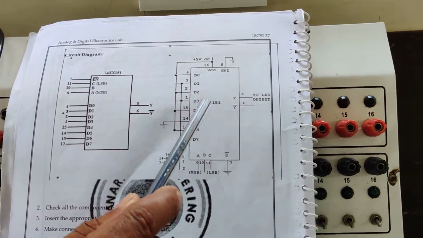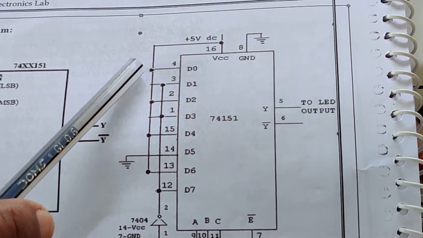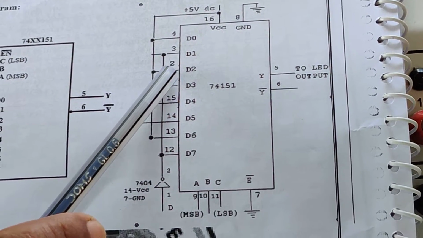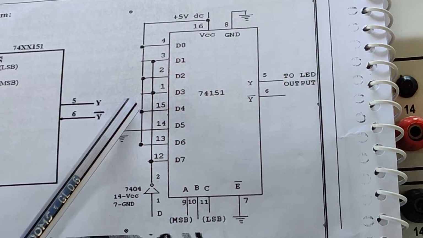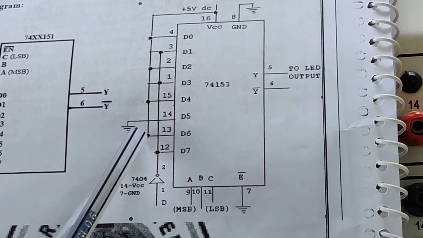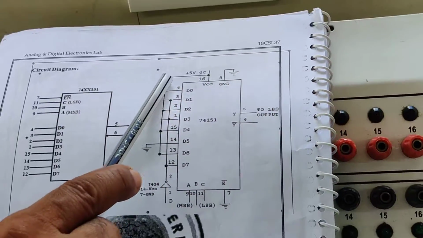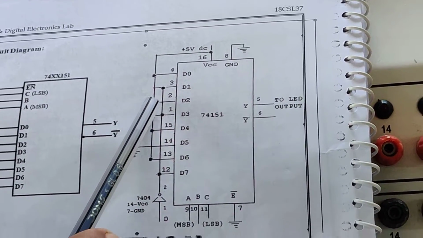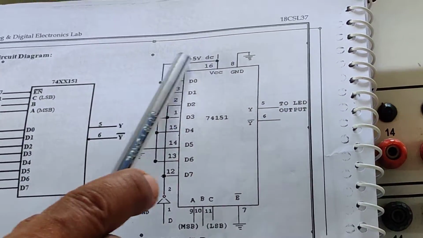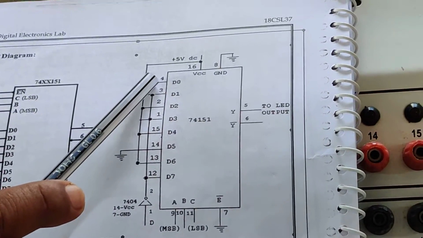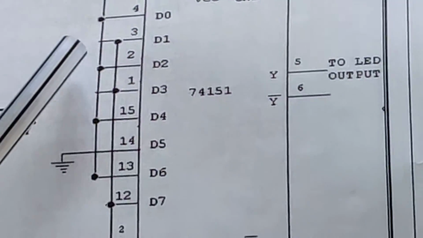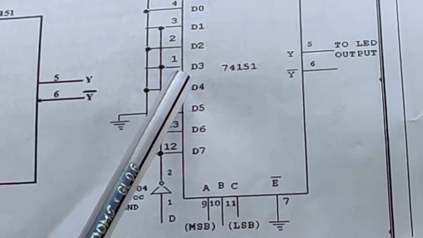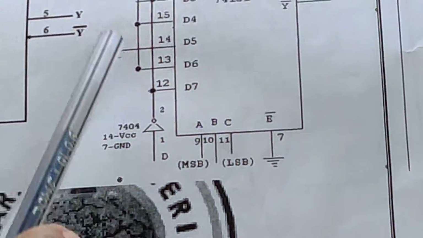Students, in this IC 74151, pin number 4, D0, then D2, D4 and D6 are connected to VCC. You can see here. Let me repeat: D6, D4, D2 and D0 are connected to VCC. That means pin number 4, pin number 2, pin number 15 and pin number 13 are connected to VCC.